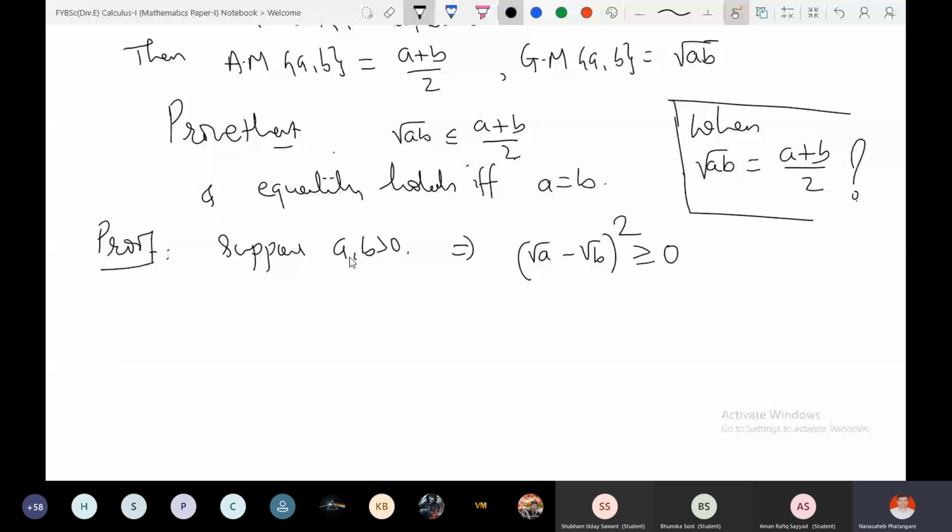But no problem, if I take the square of this difference, then certainly the square is non-negative. And I am not saying A and B are unequal. They might be same. In that case, the difference might be 0, right? So there is no ambiguity now. Whatever the cases you assume on A and B, everything is included in this now. Fine. So that is a way to write down proofs in mathematics.